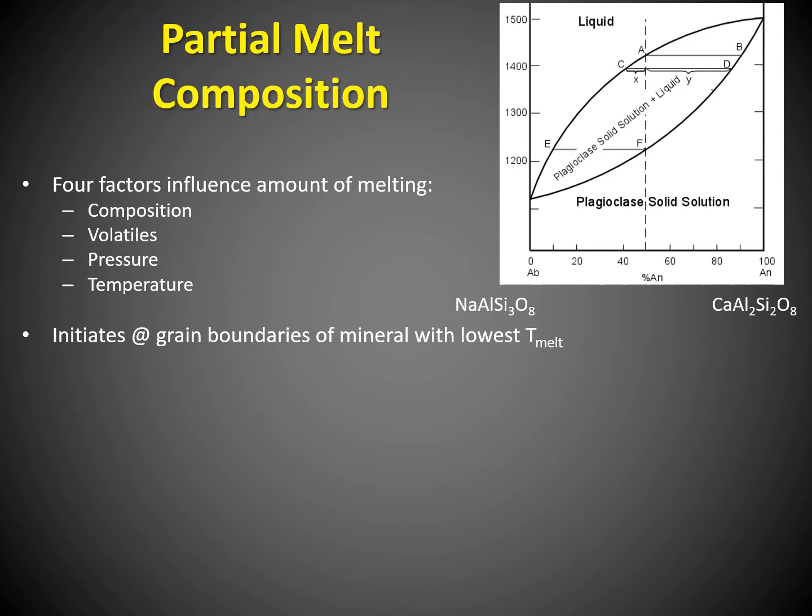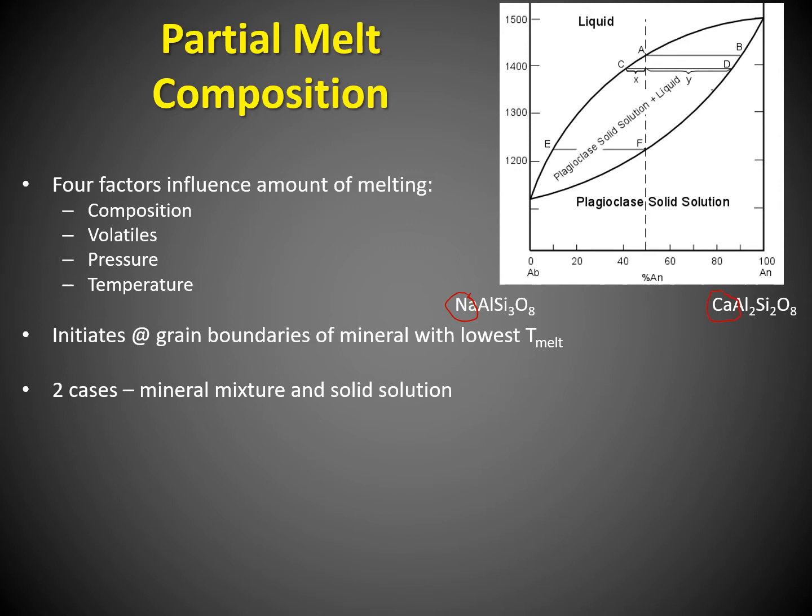Okay, so we're going to go through two sets of phase diagrams. We went through this one last week, and I'll go through it here quick again. So this particular phase diagram is for a feldspar. Okay, and this particular feldspar, the sites for the cations can contain sodium, right there, or it can contain calcium.